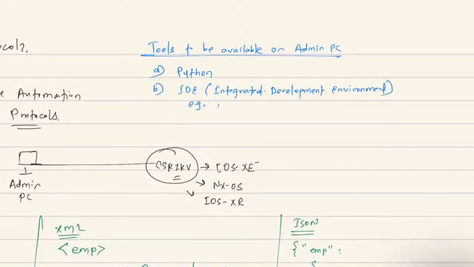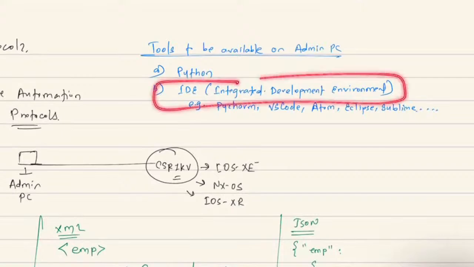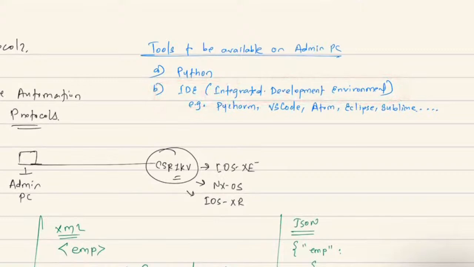For example, you can have something like PyCharm, VS Code, Atom, Eclipse, or Sublime Text. There are lots and lots of options available when it comes to choosing which IDE to use, right? IDEs are basically used in order to write Python scripts. By using IDEs, you can debug your Python scripts, and you can run your Python scripts right away from there.